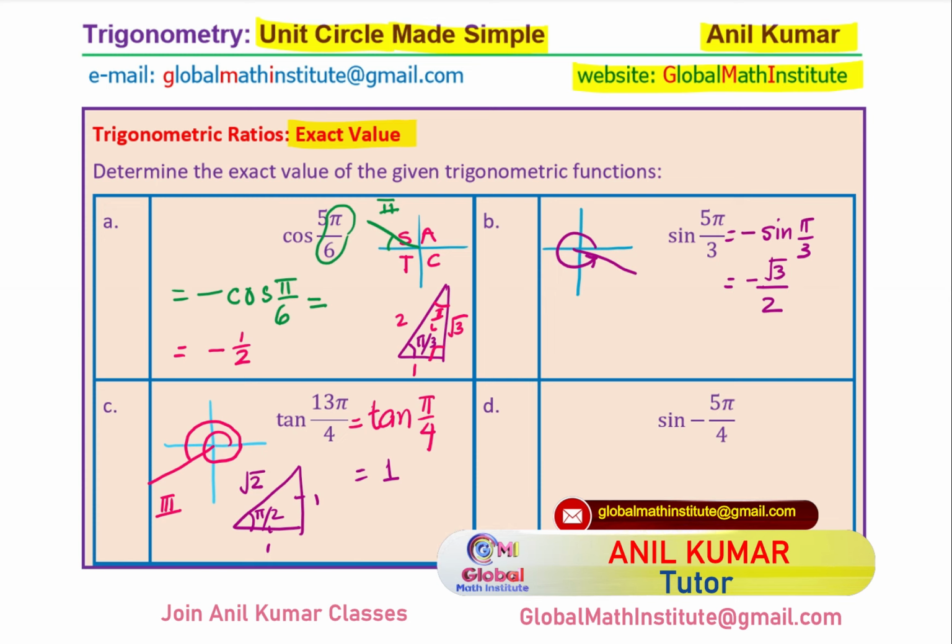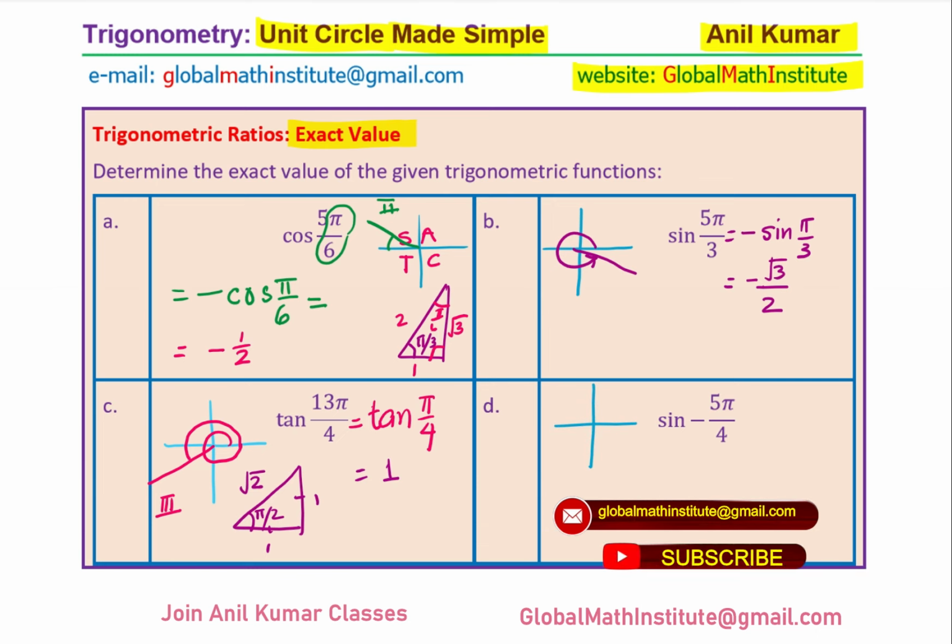Perfect. Now let's look into the last one, where I'm taking the angle as minus 5 pi by 4. Minus means the angle will be clockwise, right? So minus 5 pi by 4 really means that it is going to be right there, so you are in quadrant 2.